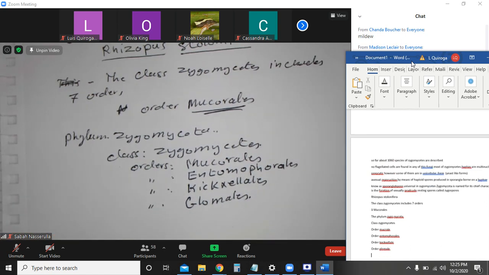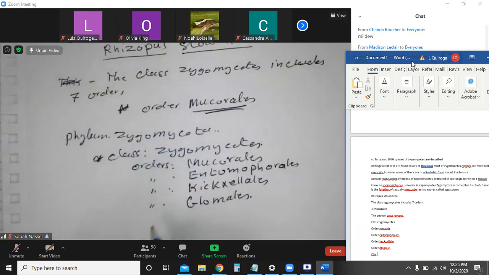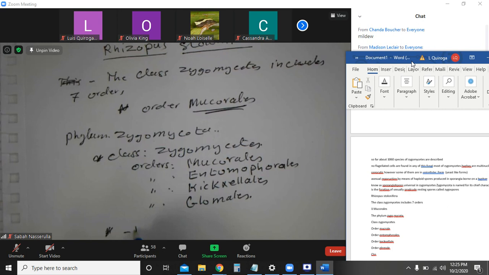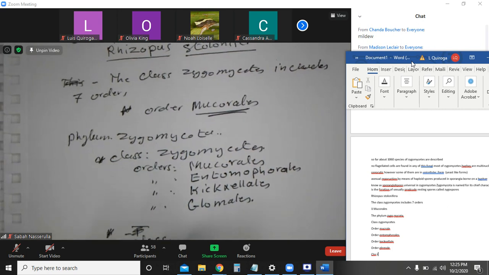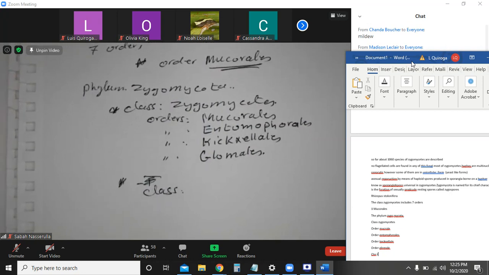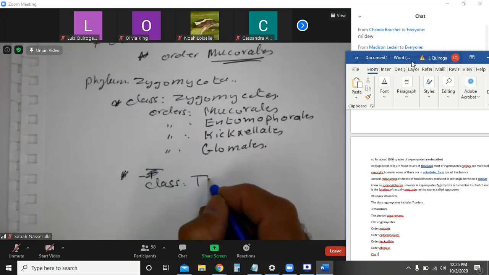And the other class in the phylum Zygomycota is known as Trichomycetes. We have here the class Trichomycetes.